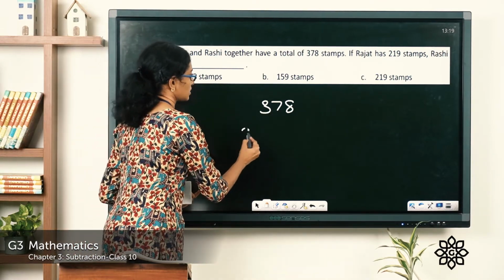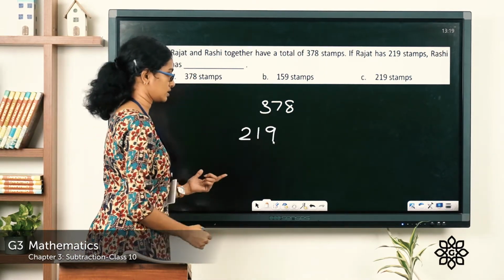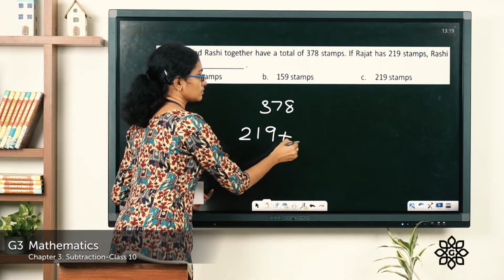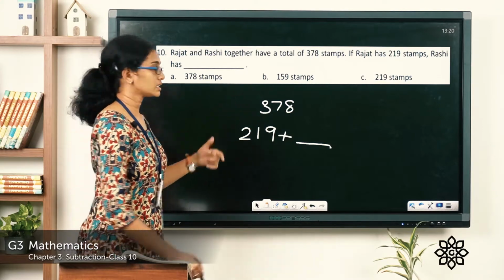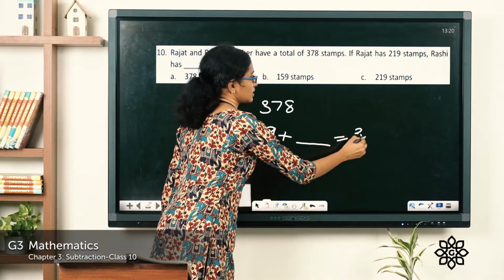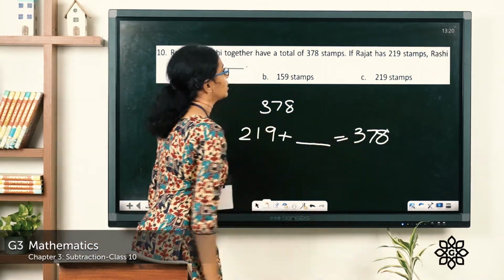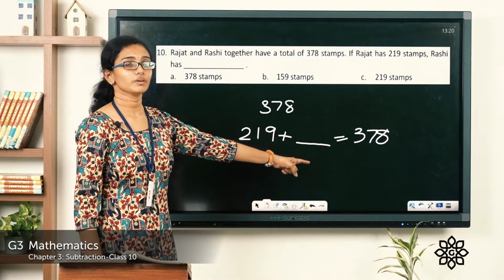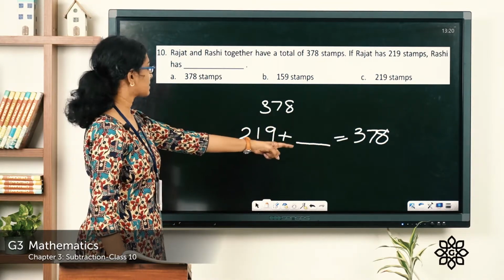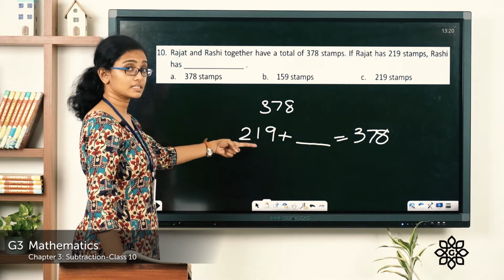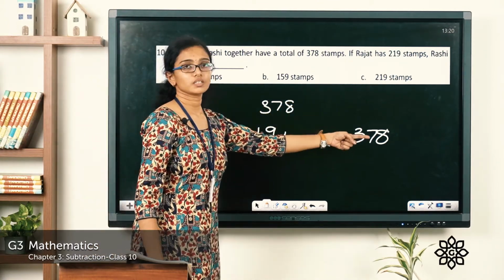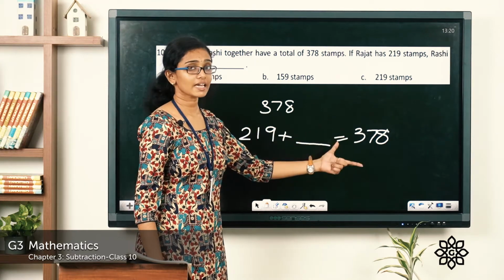It means this is the number of stamps that Rajat has, plus we don't know the number of stamps that Rashi has, but together they have a total of 378 stamps. So, how do we find the other number or the number of stamps that Rashi has? We can subtract the number of stamps that Rajat has from the total number of stamps that they together have.